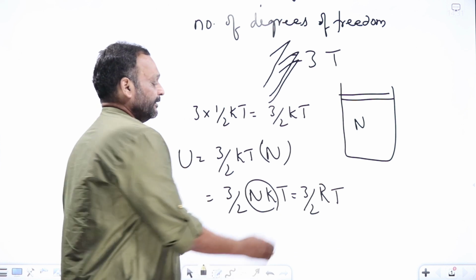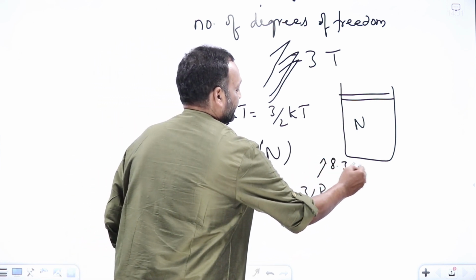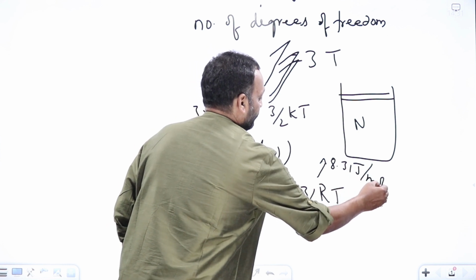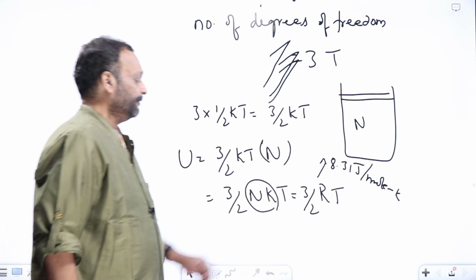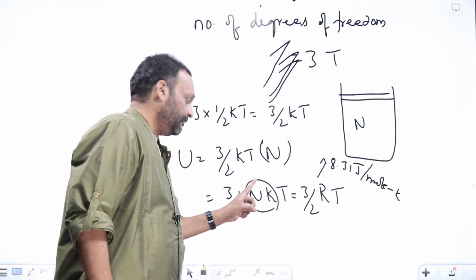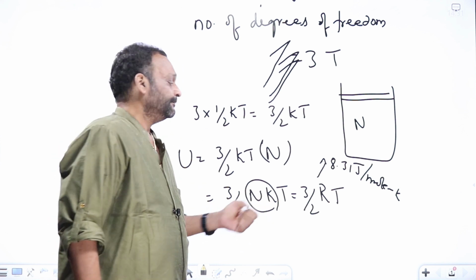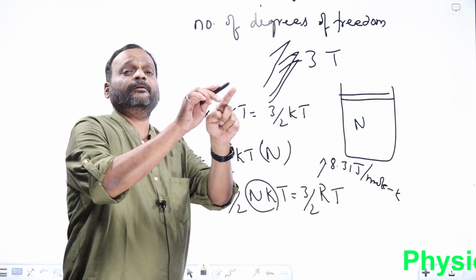where R is our molar gas constant, 8.31 joule per mole Kelvin. So the gas constant is nothing but Avogadro number multiplied by Boltzmann's constant. This is a constant for 1 mole of gas. For each molecule, what is the gas constant?